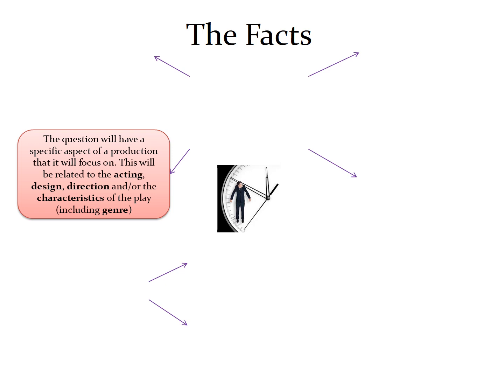So again, actor, director, designer, or the characteristics of the play. To be honest, usually it so far has given an opportunity to talk about characterization and semiotics. And by semiotics, of course, I mean set, lighting, sound, costumes, props, etc. So it's important that you know that.